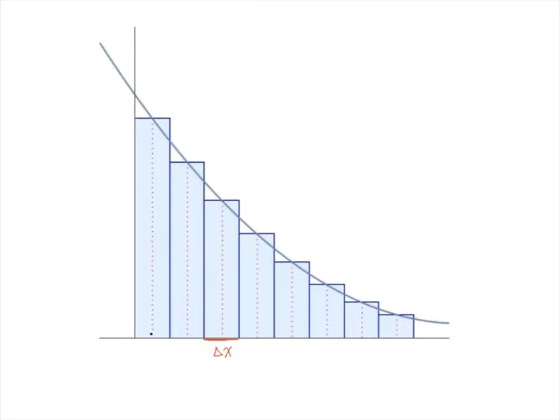Such a method is called the midpoint sum. We add all these areas, and that is the sum that we call the midpoint sum.